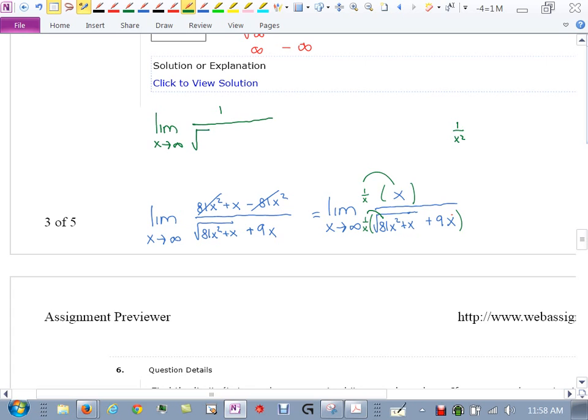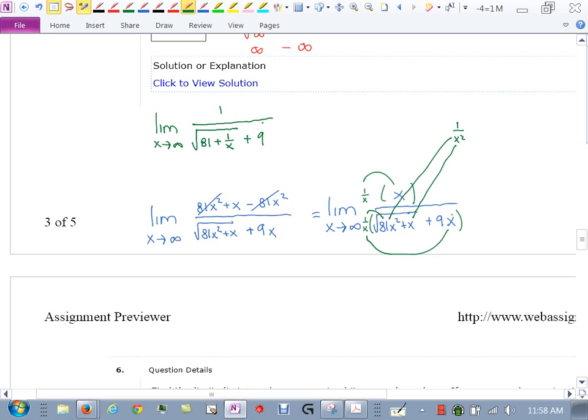So under that root, I have a 1 over x squared that multiplies times both of these. When you multiply 1 over x squared times 81x squared, the x squareds cancel, which leaves me with 81. When I multiply x by 1 over x squared, one of the x's cancels, but I still have an x on the bottom. And now you have to multiply that 1 over x times 9x. The x's cancel, you just get a 9.